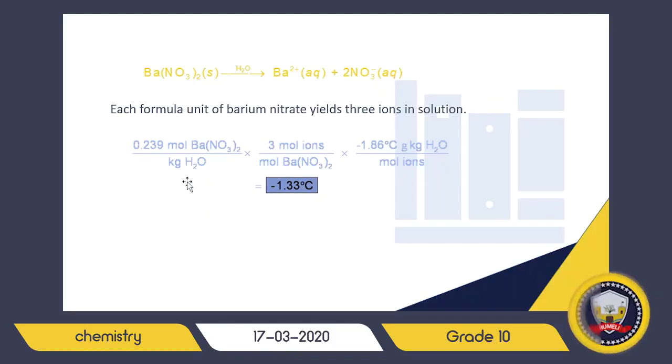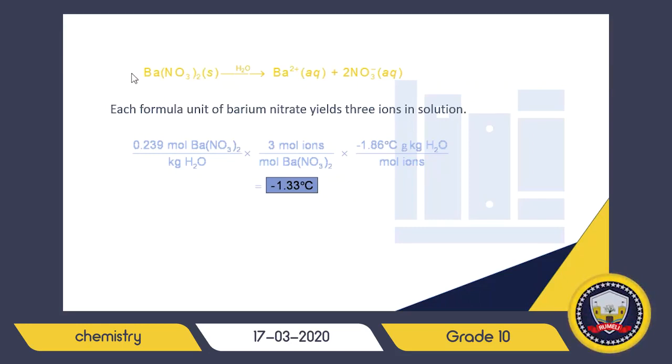Again, the formula was delta Tf equals Kf multiplied by m, and we will find the final result. But here the difference is that we need to use the following balanced equation. As we said, this solution contains what? The solution contains electrolytes. So we need to say for each one barium nitrate, how many ions will be formed.